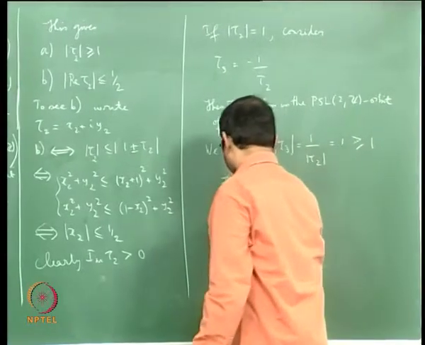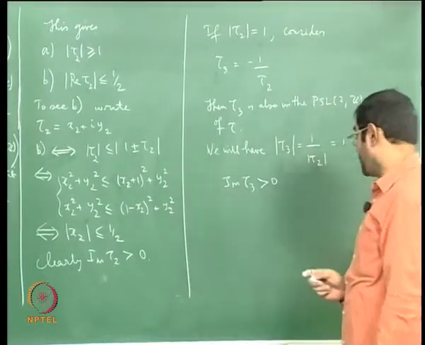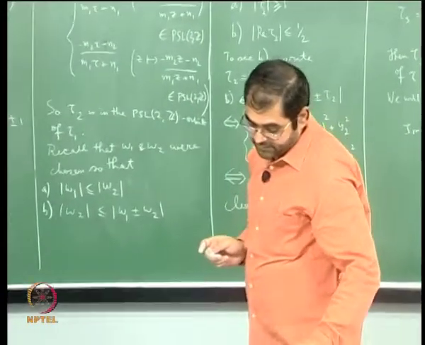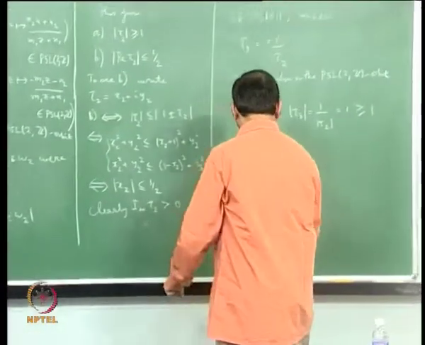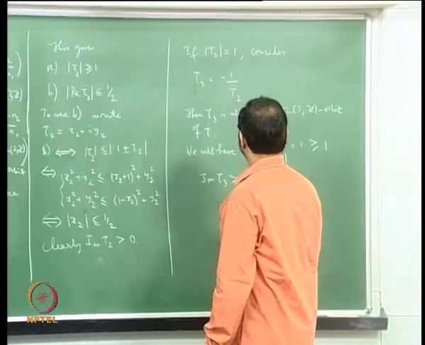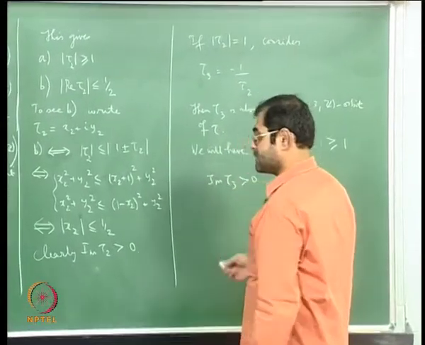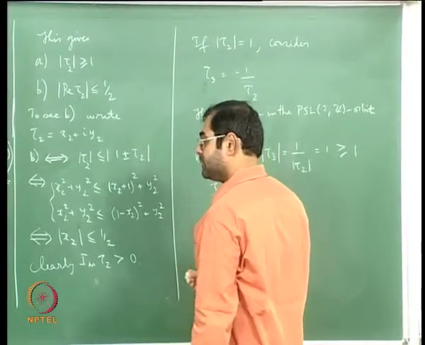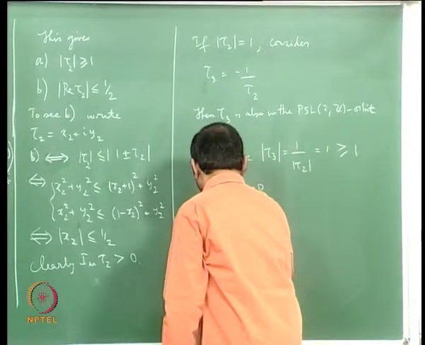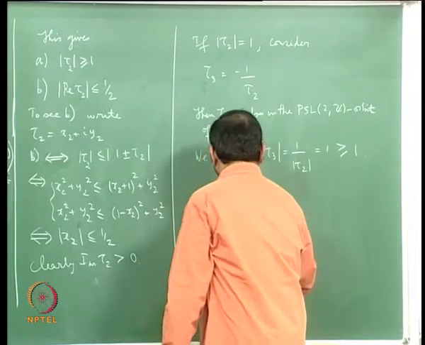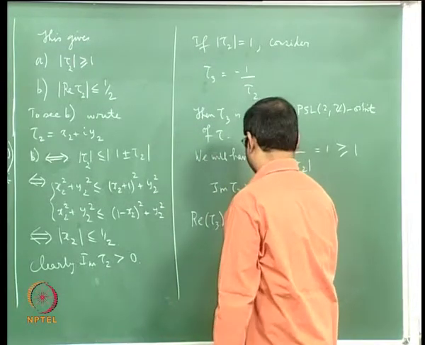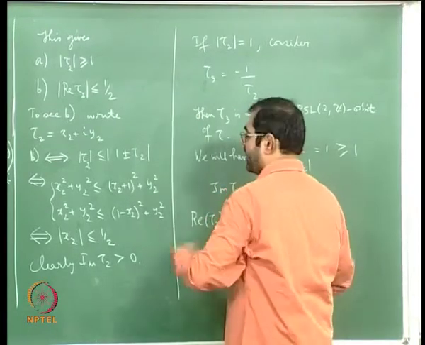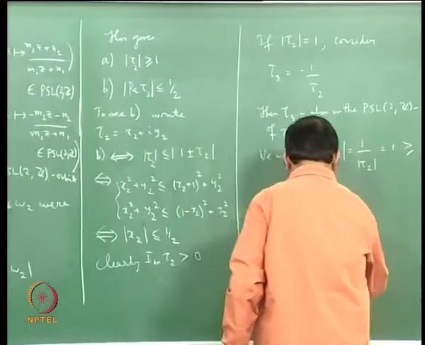And if you calculate the real part of tau 3, you just have to write it out. The real part of tau 3 is the real part of -1 by tau 2, and tau 2 is x2 plus iy2.